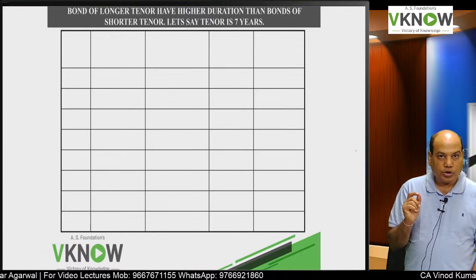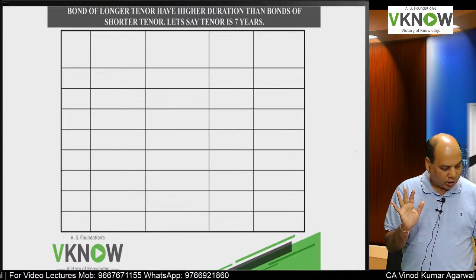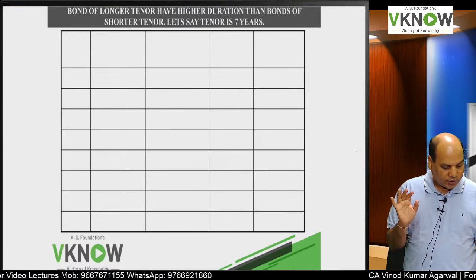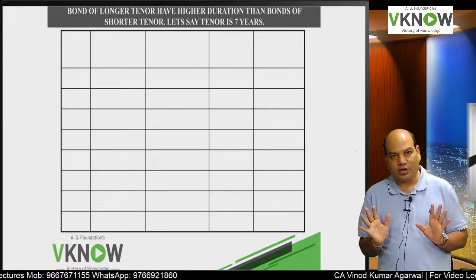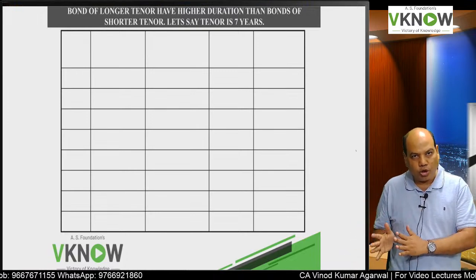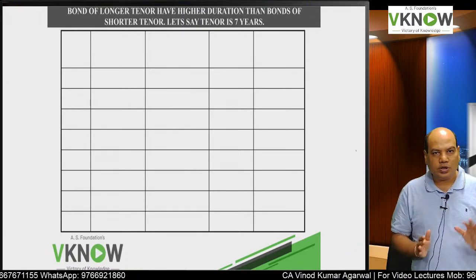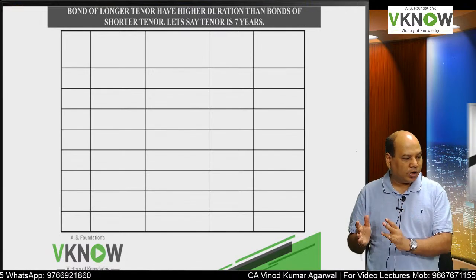Question number 42 on the previous page has 5-year maturity and this question 44 has 7-year maturity. I have kept other figures as they are, just to prove that the 7-year bond will have a higher duration than a 5-year bond, even if their coupon rate is same and YTM is same.